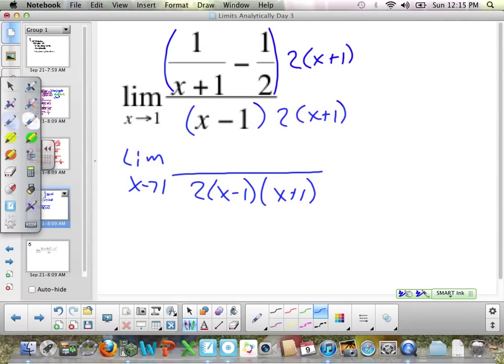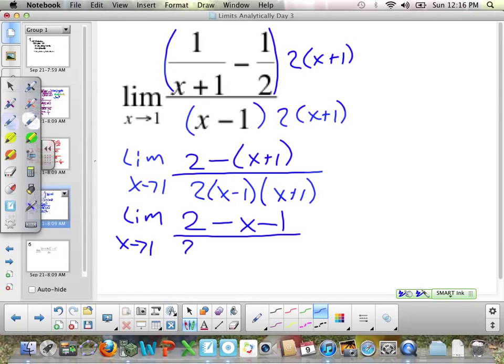We'll be left with 2 minus, here as we distribute, the 2's cancel, we'll be left with x plus 1. Distribute our negative sign, we got the limit, as x approaches 1, 2 minus x minus 1 over 2 times x minus 1 times x plus 1.